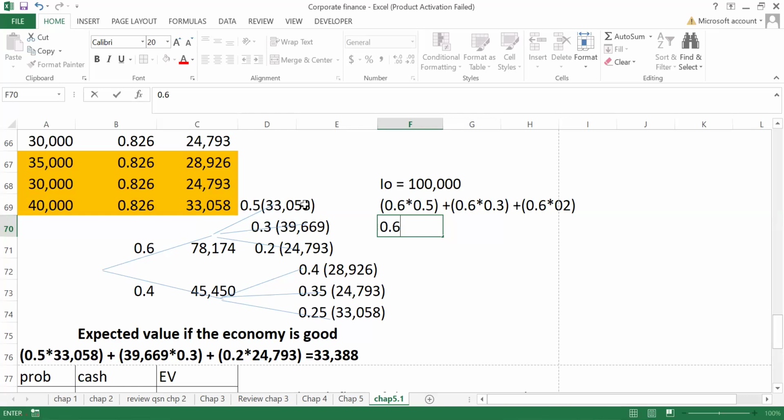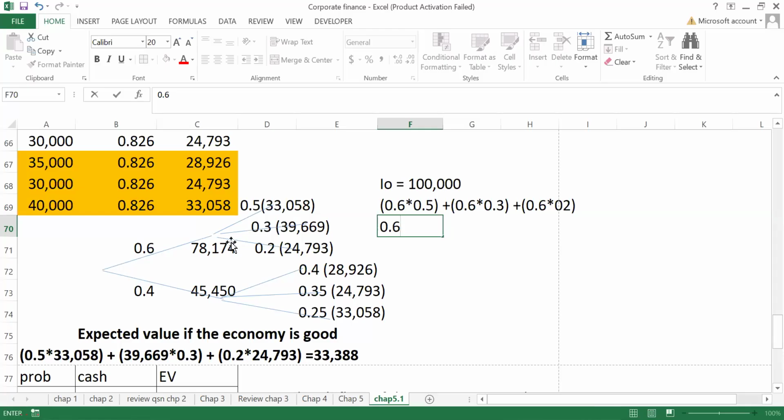What you get is more than 100. It means 0.6 times 0.5 gives you a positive NPV.